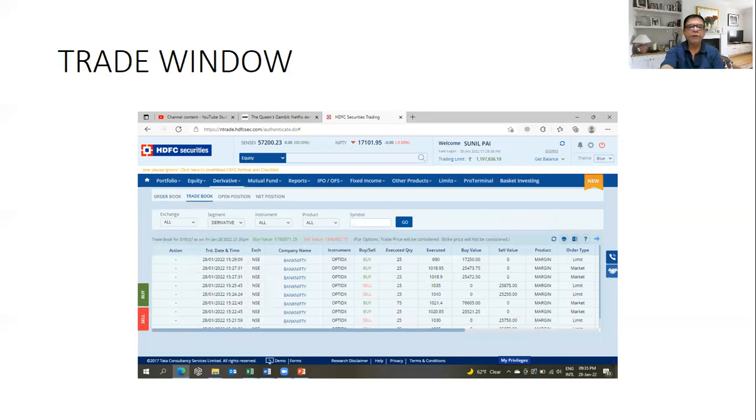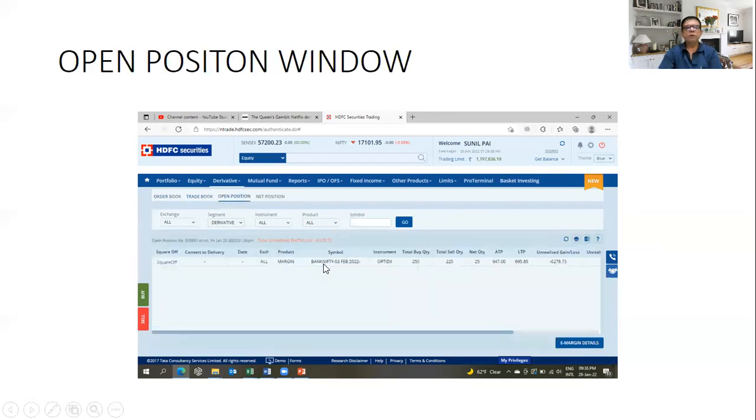Second is the trade window, which tells you a summary of what you bought, what you sold, what was the price that you bought, the price you sold, and your overall plus or minus at the end of the day. You get an idea from here. Now, this is called the open position window.